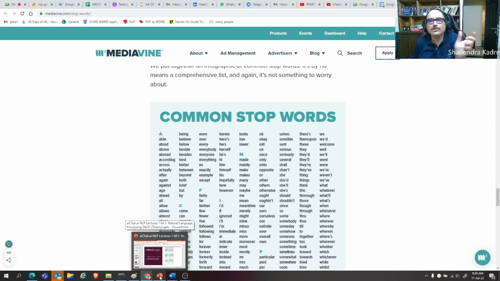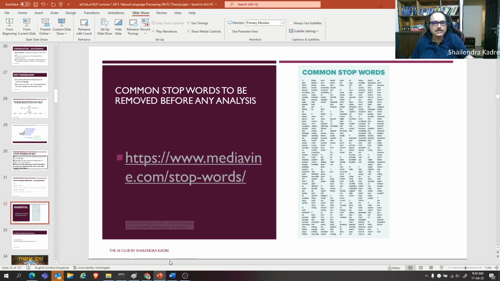You just call that library and say that from my text corpus, first break into tokens. Once you break into tokens, you tell the code to use this stop word library and remove all the stop words from my tokens. It will do the job automatically.